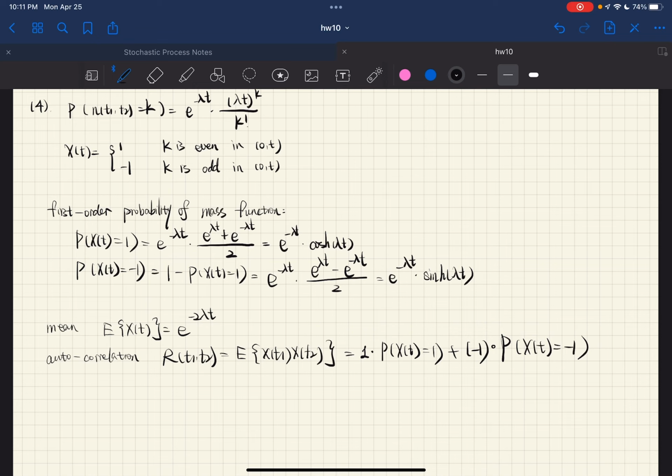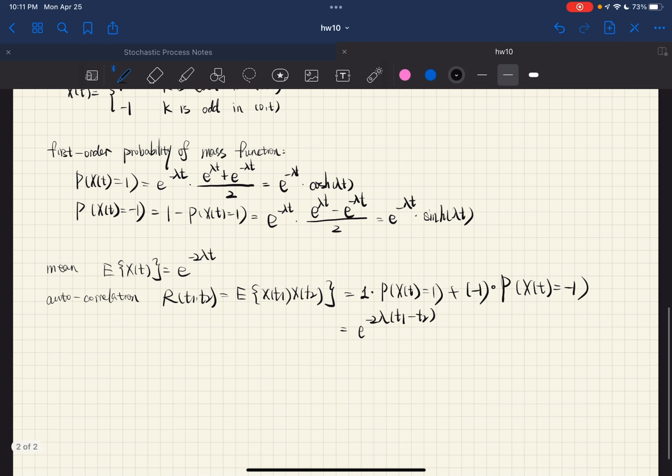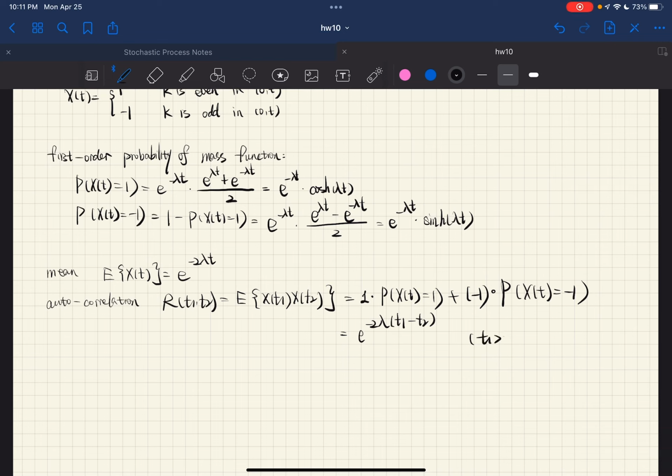We get the autocorrelation equal to e to the power of minus 2 lambda times (t1 minus t2). This is for t1 greater than t2. So when t1 is smaller than t2, it equals e to the power of minus lambda times (t2 minus t1).